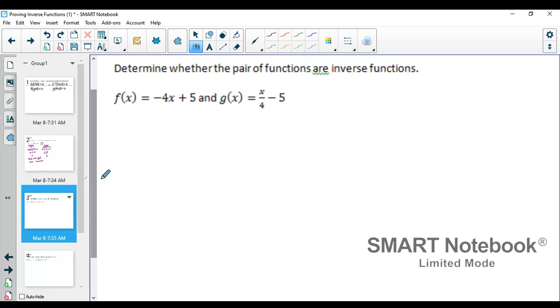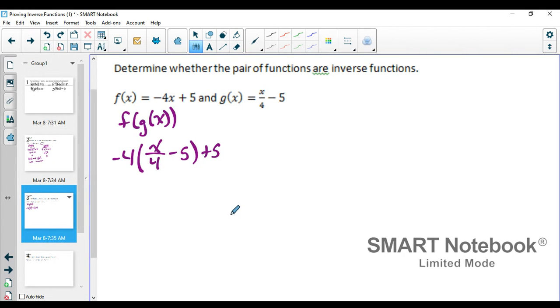So we have f of x equals negative 4x plus 5, and g of x equals x over 4 minus 5. So let's start with f of g of x. So we're going to put the g of x function into f of x. So we have negative 4 times x over 4 minus 5, plus 5.